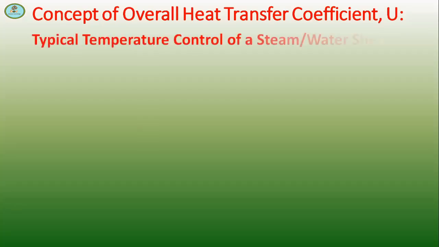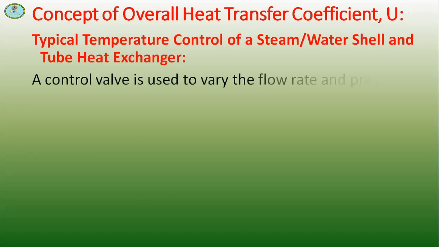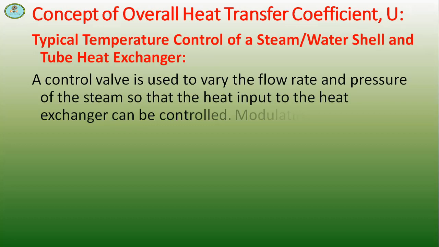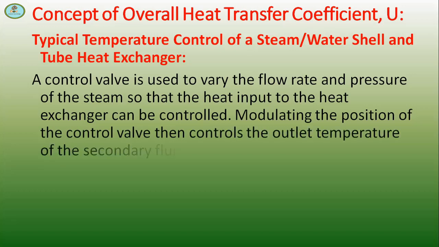Typical temperature control of a steam or water shell and tube heat exchanger are as follows. A control valve is used to vary the flow rate and pressure of the steam so that the heat input to the heat exchanger can be controlled. Modulating the position of the control valve then controls the outlet temperature of the secondary fluid.